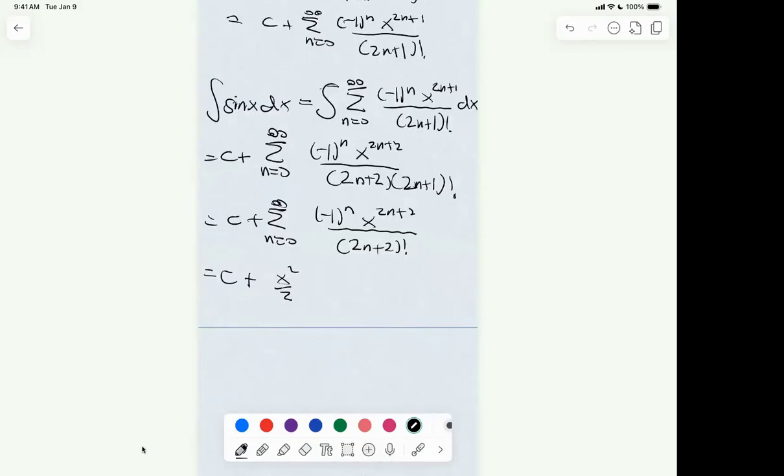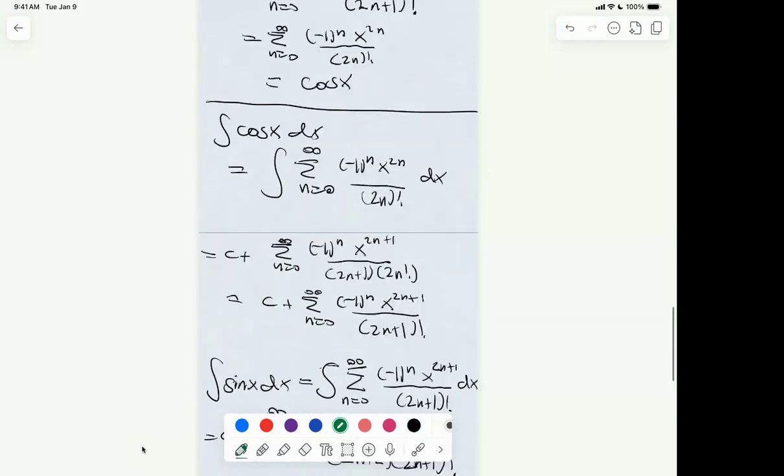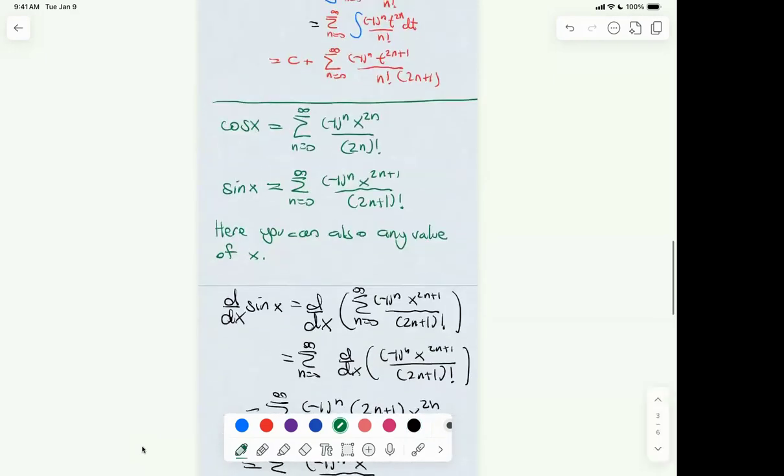What would happen if you take n equals 1? You get negative, right? And then x to the 4th, and then 4 factorial, and it continues, right? And again, this is a constant of integration, which you can choose so that it all matches. On the other hand, it would have been convenient if I had plugged in some values here.